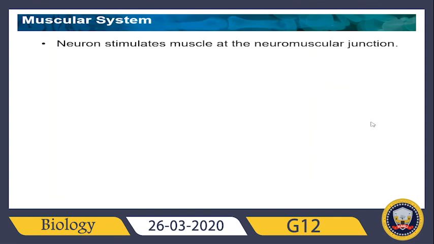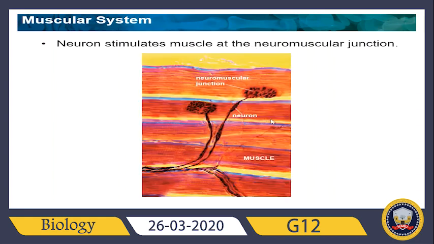Okay, the neuron stimulates muscles, of course, because the muscle will contract, but before this, the muscles must get a stimulus. So the nervous system is responsible for causing contractions and movement. The neuron stimulates muscle at the neuromuscular junction, as we will explain later on. Where is this neuromuscular junction?